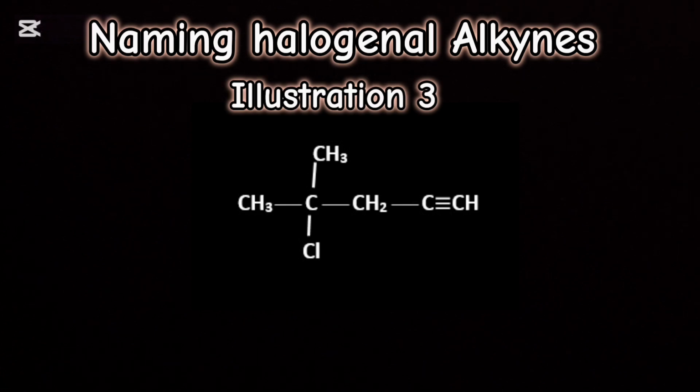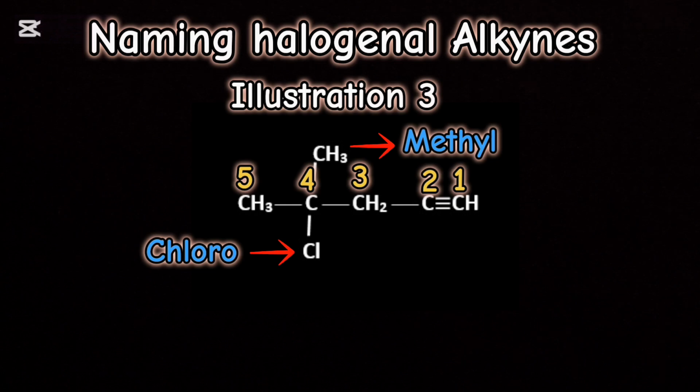By referring to our compound, we'll start numbering from the right-hand side as displayed there. Now, notice that on position 4, there is a chloro group and also a methyl group.